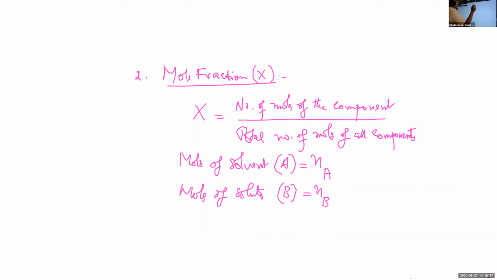So mole fraction of solute, you call it XB, is equal to Nb by total number of moles of solute and solvent, that is Na plus Nb.